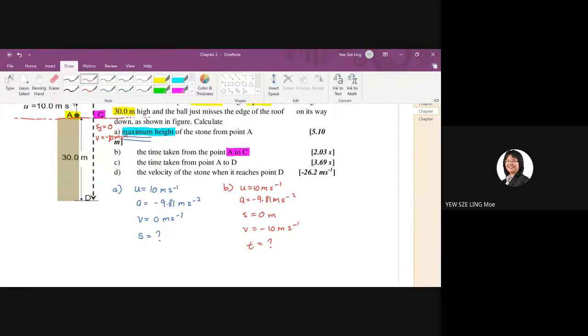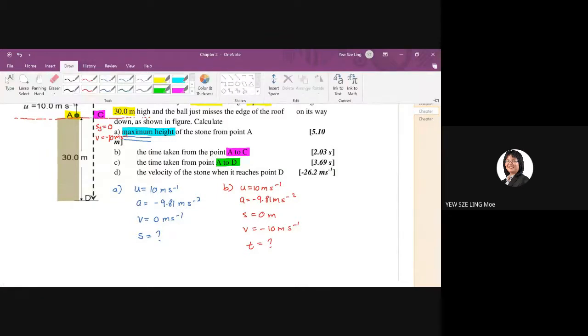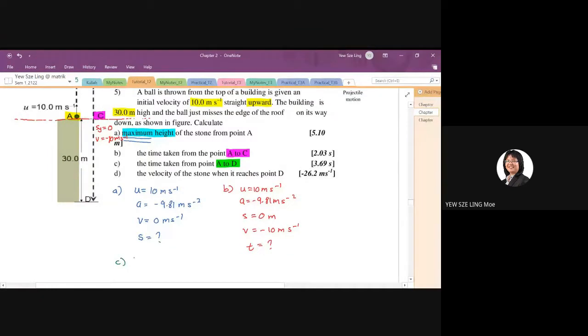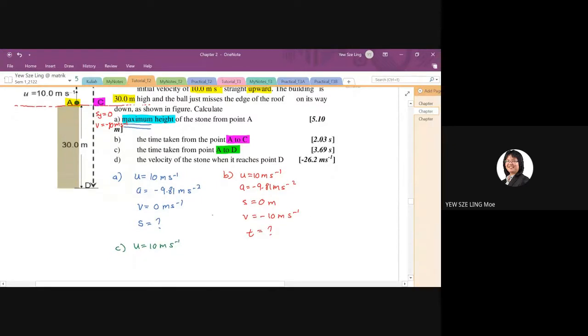Now, how about question C? Question C: the time taken from point A to point D. So from point A to point D, what are we going to do? We have the initial position, again point A, therefore u is still equal to 10 meters per second. Now, remember, you cannot use u equals negative 10. Why?